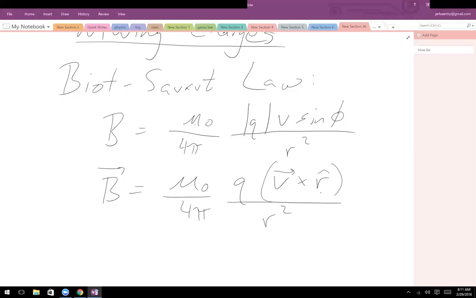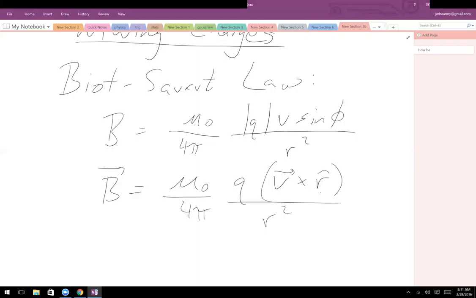Okay, so at least for purposes of this class and really for all real world purposes, if you have a moving charge, it's probably part of an electric current, right?